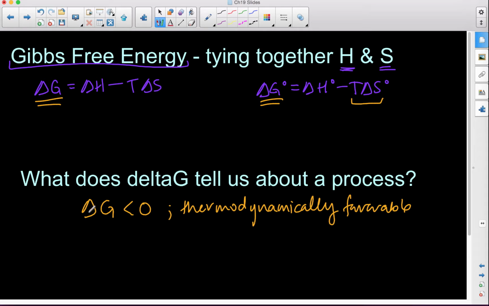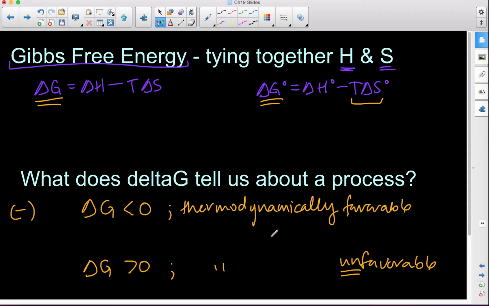Specifically, we mean negative values: when delta G is less than 0, the process is thermodynamically favorable. When delta G is greater than 0, the process is thermodynamically unfavorable, meaning it is not likely to occur as written without outside influence. Some energy has to be put in for it to happen, because my products are higher in energy than my reactants.